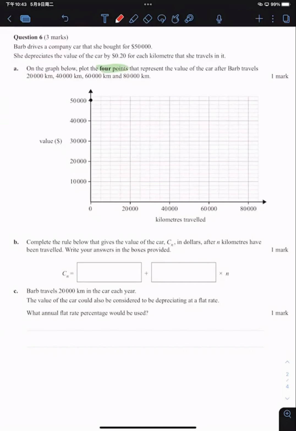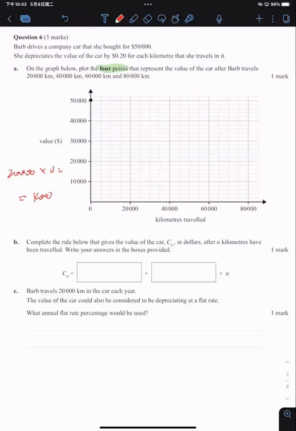All right, so we will plot the respective points at 20,000 kilometers, 40,000, 60,000, and 80,000. Grab your calculator. Every time we depreciate 20,000 times 0.2, and you would have $4,000.